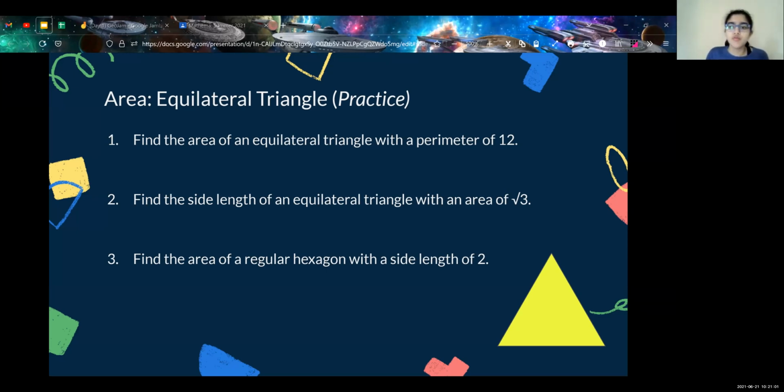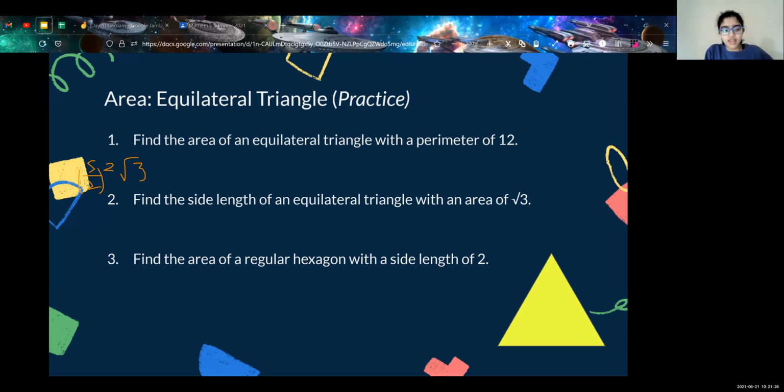Okay, so problem 1, everybody in the chat put your answer for number 1. Remember what the formula is, so you find half of the side length, so side length over 2, and then you square that, and then you multiply it by radical 3. I can put the formula in the chat.